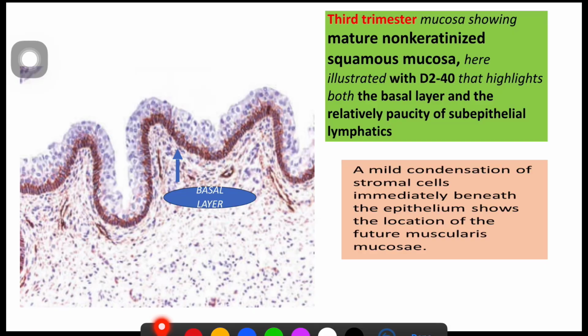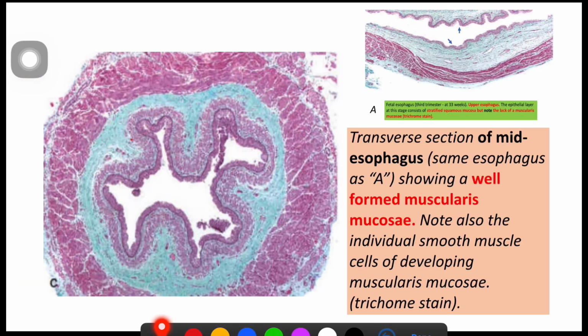This is an IHC stain with D2-40 showing the basal layer from the third trimester esophagus, and here the columnar epithelium is replaced by mature non-keratinized squamous epithelium.